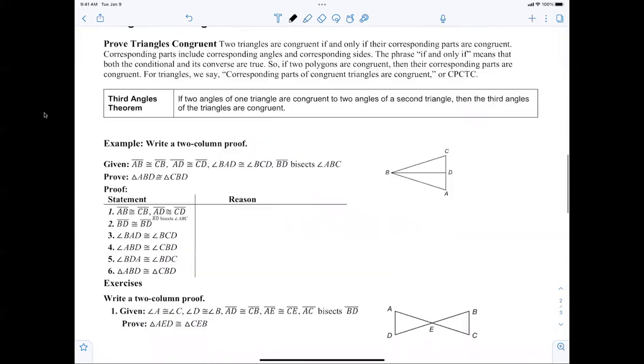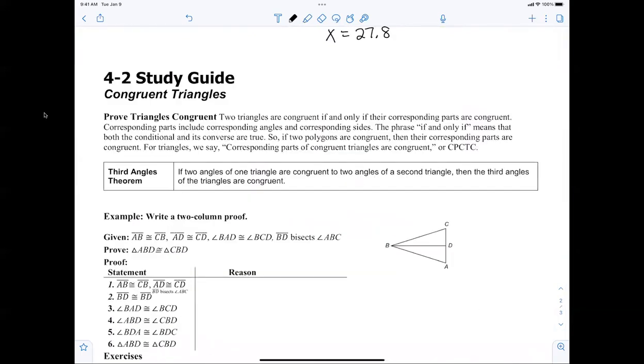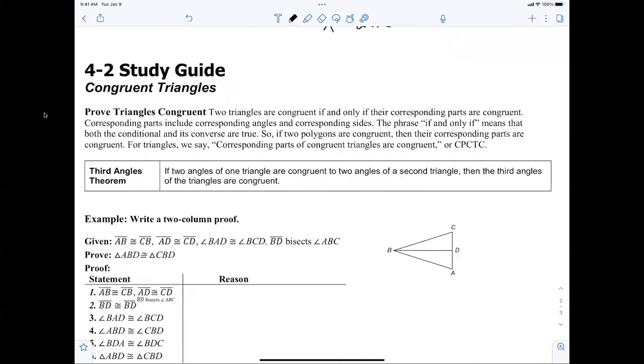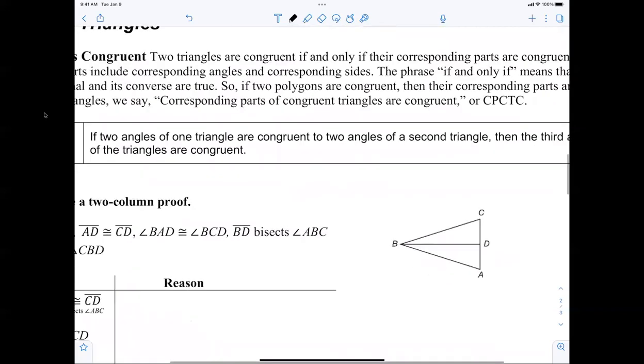Now here's where we have to prove the triangles are congruent. Now, in our assignments, I need everybody to understand this statement. Corresponding parts of congruent triangles are congruent.